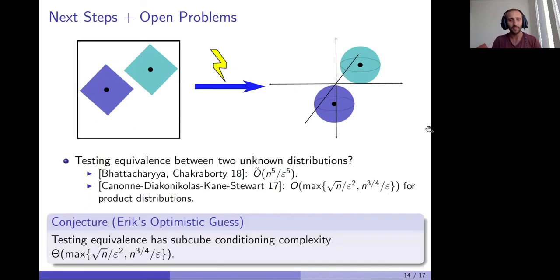So perhaps my optimistic guess of this problem is that actually the complexity of testing equivalence with subcube conditional queries should be the same as what happens in the product distribution world. And in some sense, ideally, one would get that the product distributions are indeed the hard cases.